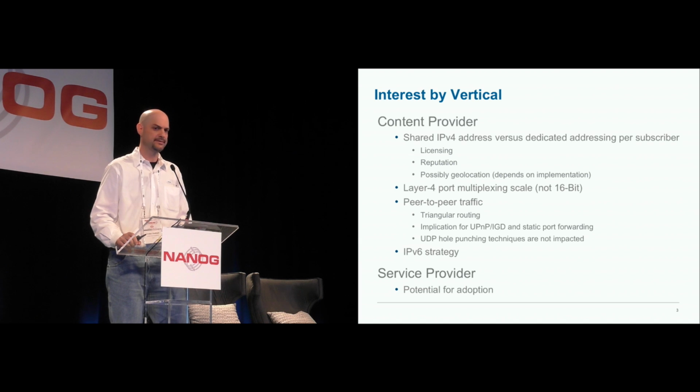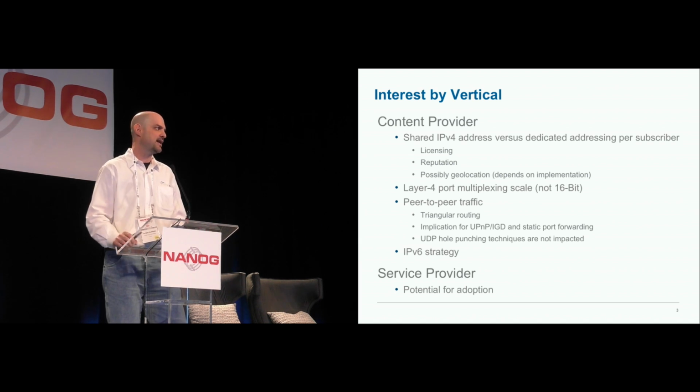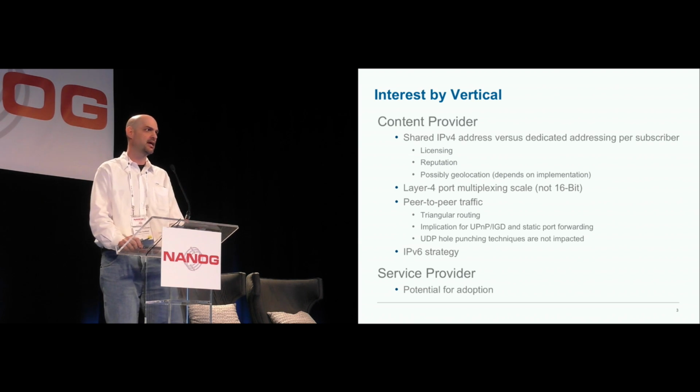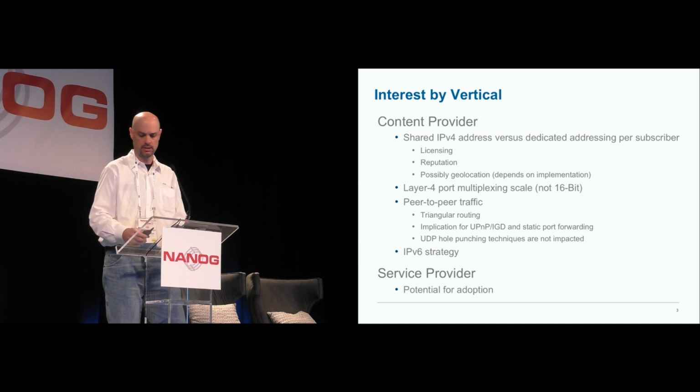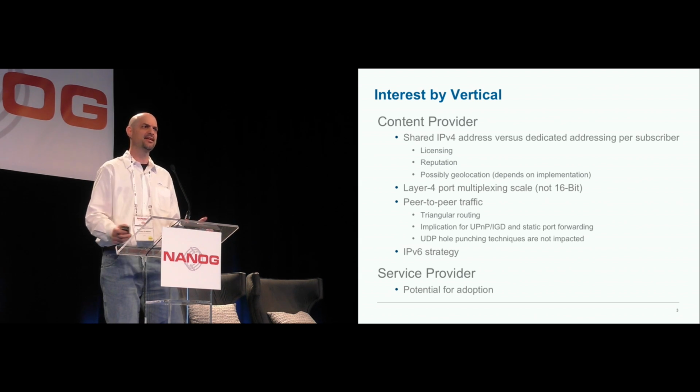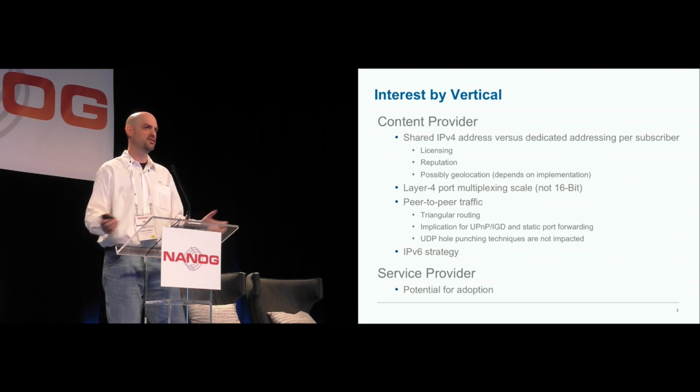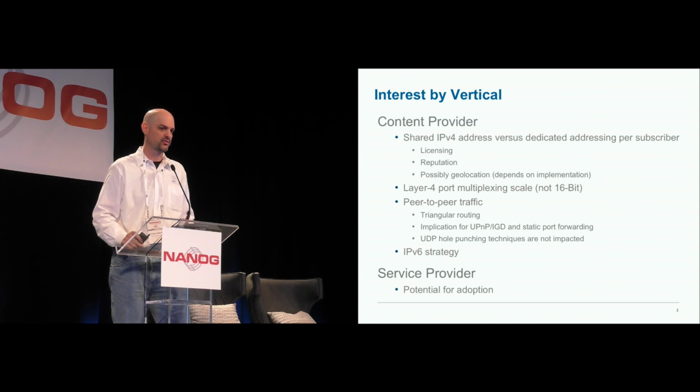UDP hole punching techniques shouldn't be impacted because most of the transition technologies do a pretty reasonable job of endpoint independent mapping and other mechanisms for NAT transparency. That being said, I think having a serious IPv6 strategy behooves us all because ultimately we're all in the business of servicing our customers and we want to do it well, and long term that's going to mean IPv6.